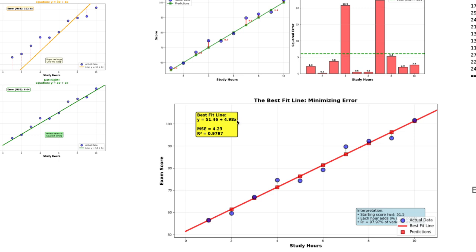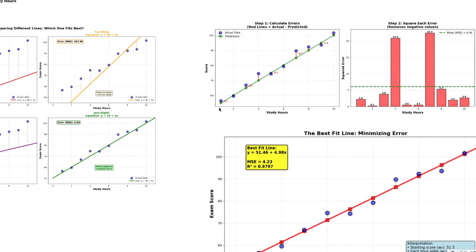So w1 will be 4.98 and w0 will be 51.46. This is y equals w0 plus w1 x, and these notations are written in different formats by different people. Some say it's y equals mx plus c, or y equals theta 0 plus theta 1 x. There can be different ways the equation is written, but it's the same.